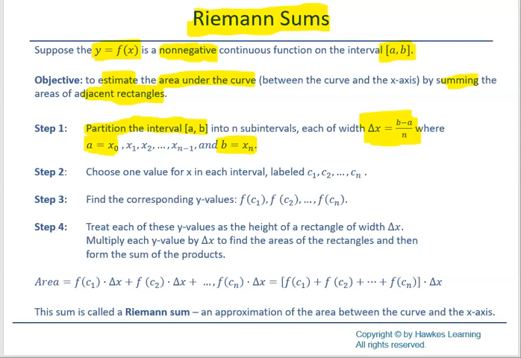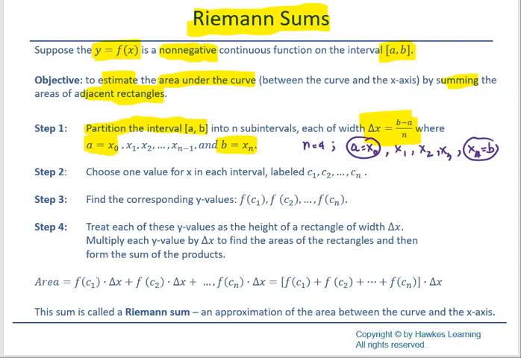For the earlier example when n equals 4, a is x0, the interior points are x1, x2, x3, and the point b is x4. The left end, the right end here. So that's step one. You slice them, making n equal subintervals.